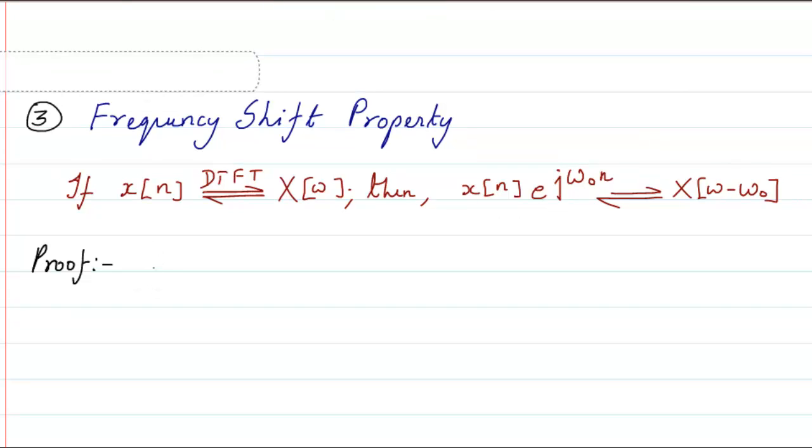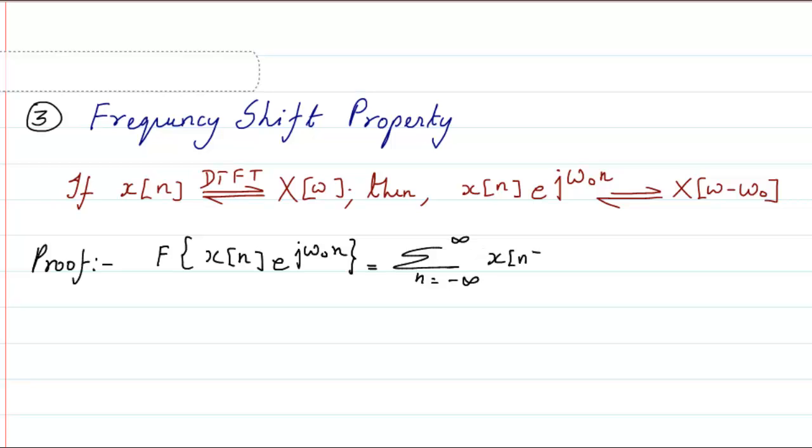So the Fourier transform of x of n e raised to power j omega naught n will be given by the equation summation n equal to minus infinity to infinity x of n e raised to power j omega naught n into e raised to power minus j omega n.